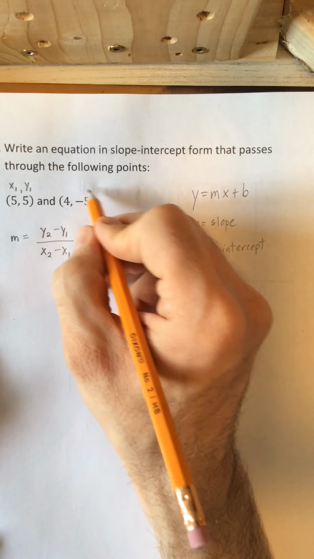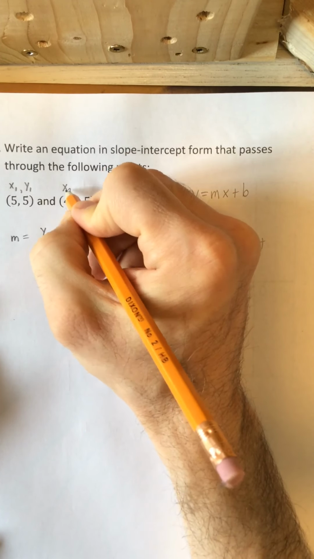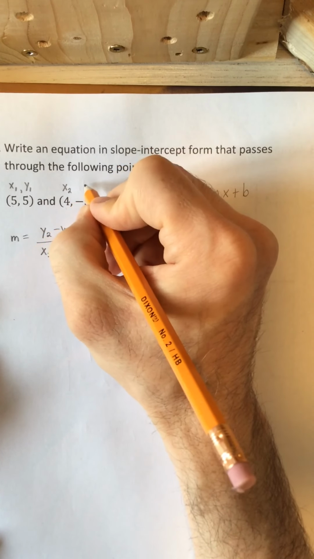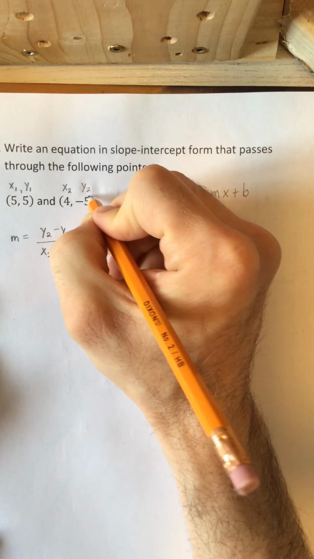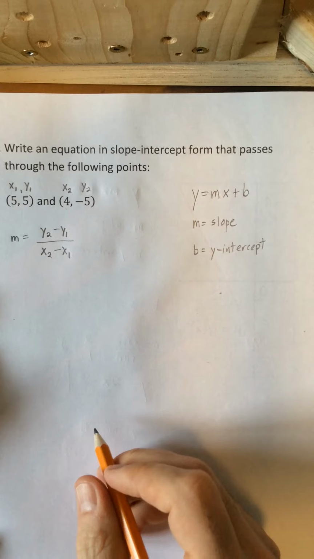And since this is our second coordinate, we'll write this as x2, since 4 represents an x value in the second coordinate, and this y2, since -5 represents the y value in the second coordinate.